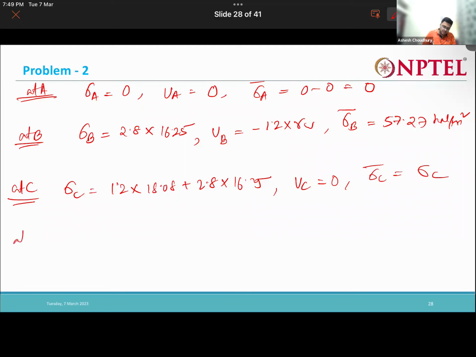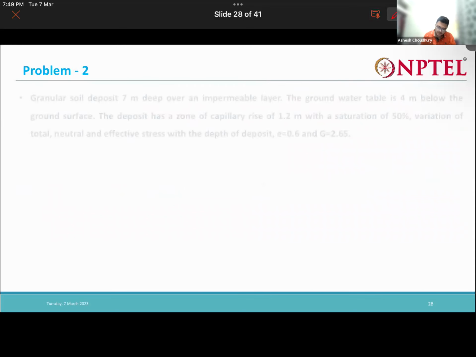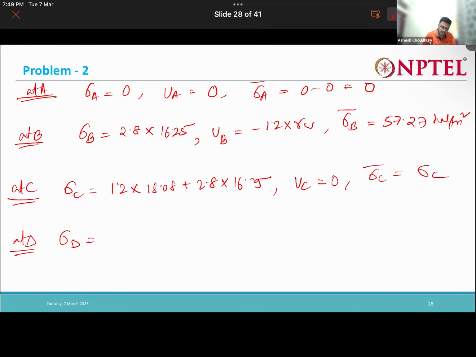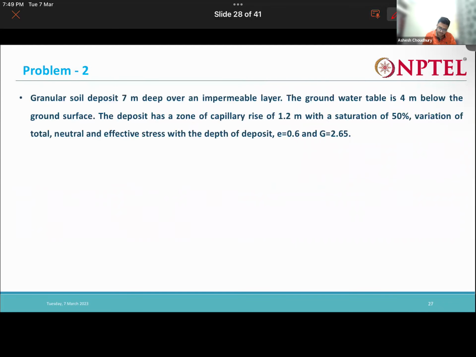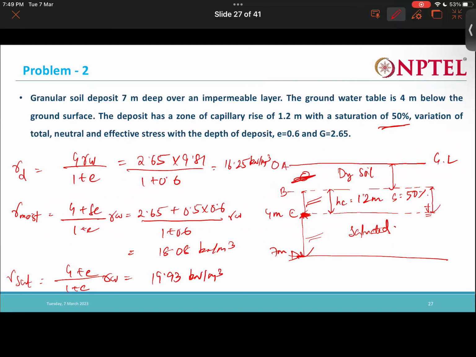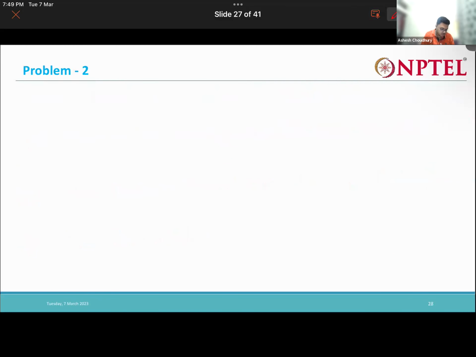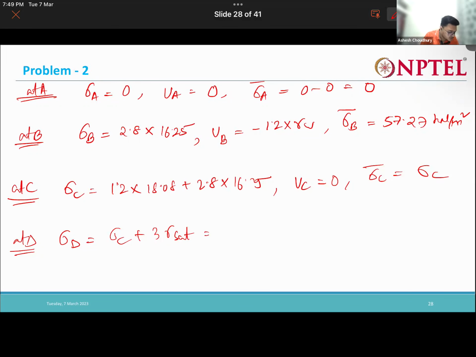Next at D. What is my total stress? Total stress is that at C plus 3 into gamma sat. So the total stress comes to 126.986.